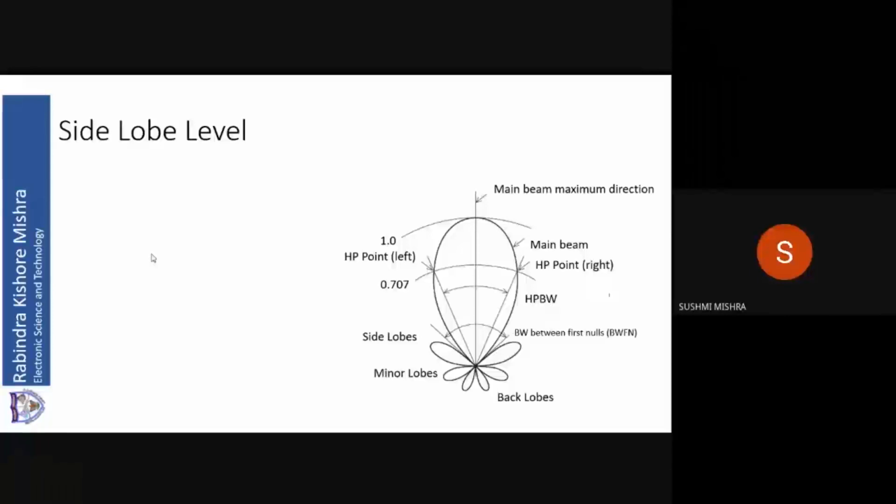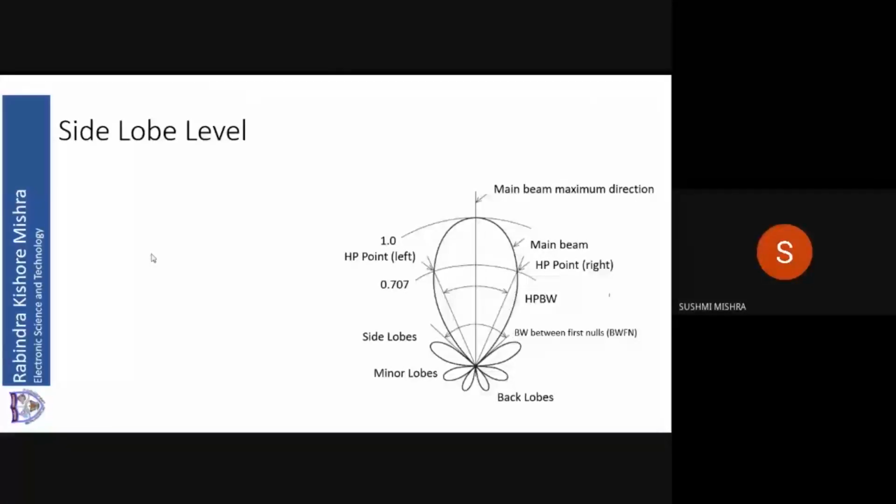Now what is side lobe level? Let me first explain this picture. In this picture, I am showing you a cut taken in the Z plane for a radiation pattern, and it is a normalized radiation pattern.